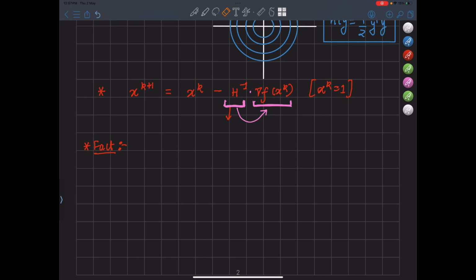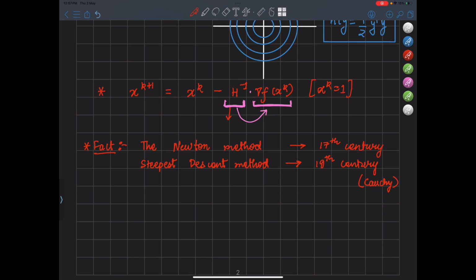But this is not the way we came to this formula, it is not the real motivation for Newton's method, because Newton's method was developed in the 17th century, while the steepest descent method was developed in the 19th century, actually by Cauchy.